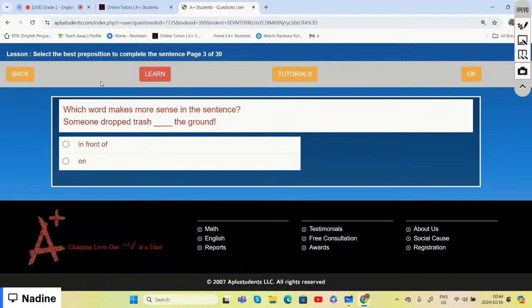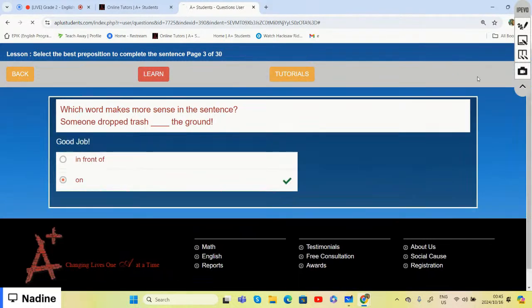So someone dropped the trash, and we can say on the floor. And on the floor is correct.